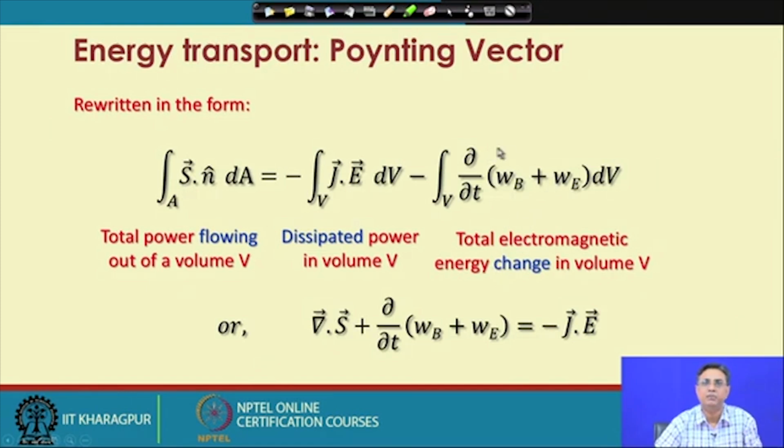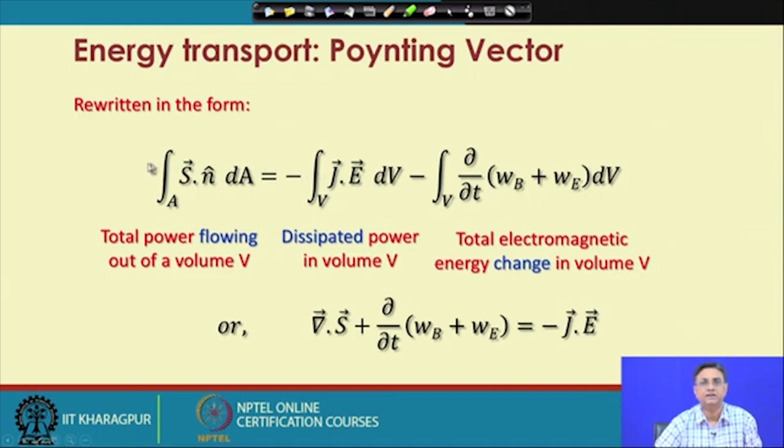Just now I have mentioned that this quantity W_E plus W_B, that is the energy densities of the electric field and the magnetic field integrated over the volume dV, represents the total energy stored within that space. If you take the time derivative of that, it represents the change in that energy, and since there is a minus sign, it represents the loss of that energy from that space.